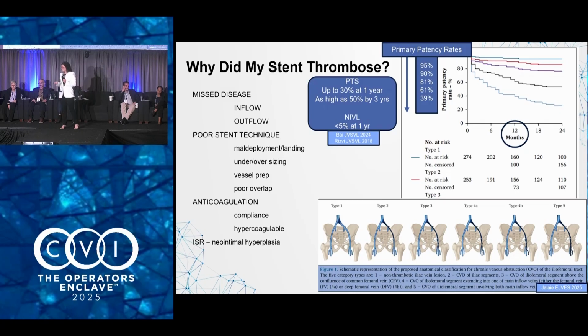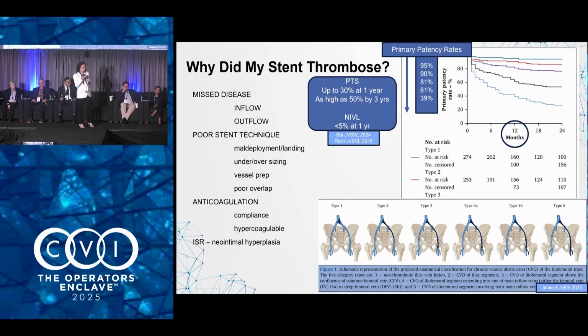And recently, this publication from 2025 is really the first time we've had almost a description of an anatomic criteria. You could see that they've broken it down into 5 types of patients with occlusive disease. Type 1 is the Nivel patient, which has the best outcomes at 95% at 24 months.